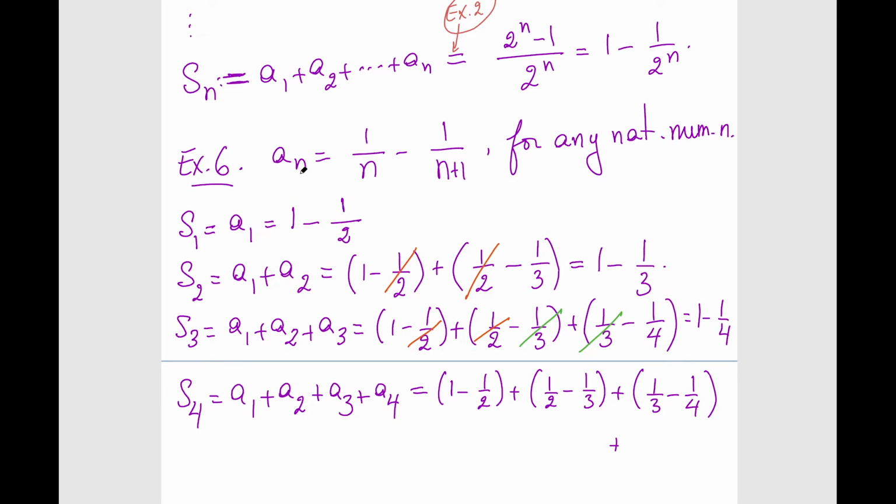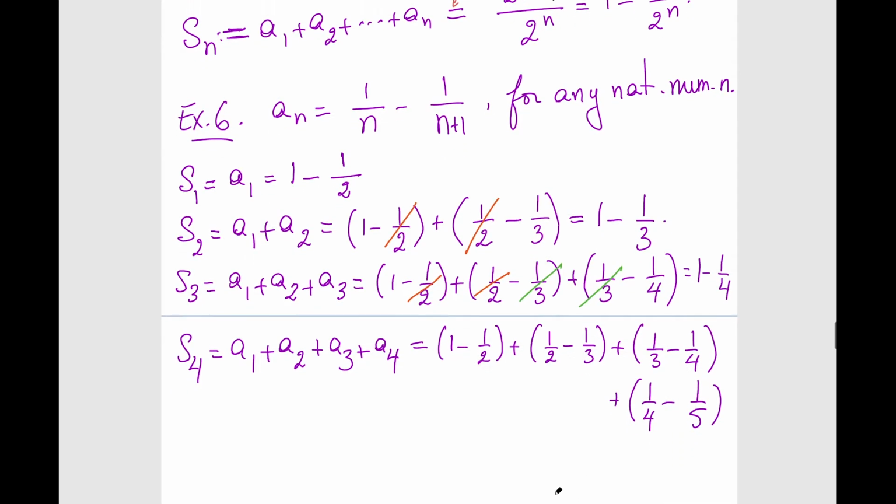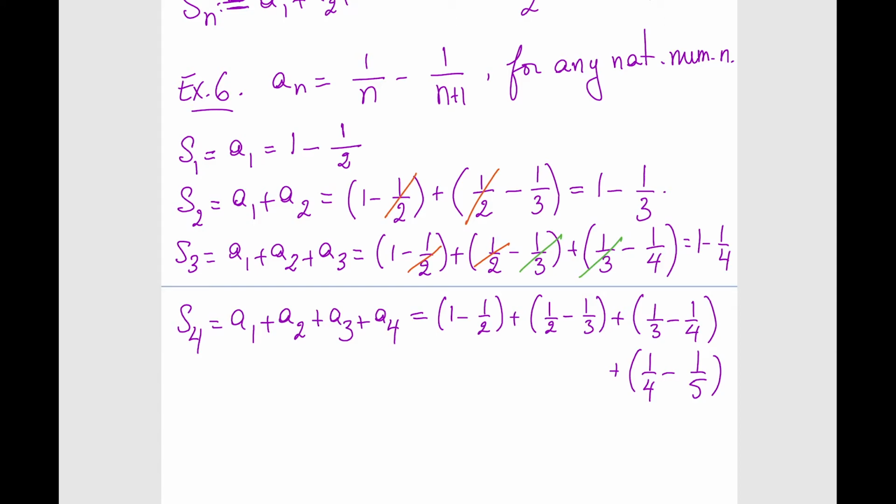What's A4? It's 1 over 4 minus 1 over 5, right? You agree with that? And then if you start adding, this and this cancel, this and this cancel, and who survives? As expected, 1 minus 1 over 5.